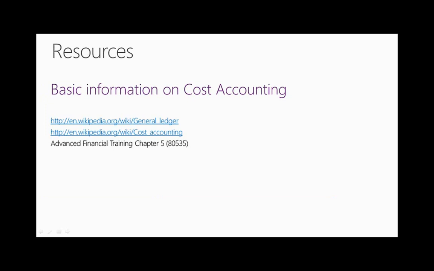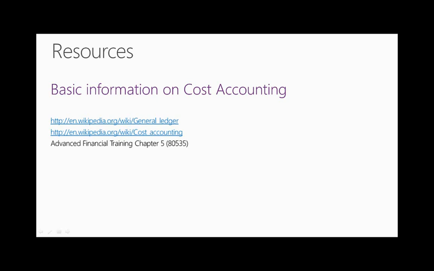I also included some links in this presentation. You can use them to get a very quick overview about general ledger and cost accounting postings on Wikipedia. And there will be training material available for financial training, one basic and one advanced, and chapter 5 in the advanced training material, course number 80535, will be the cost accounting.